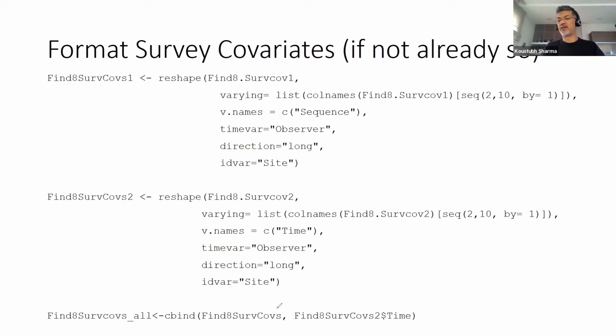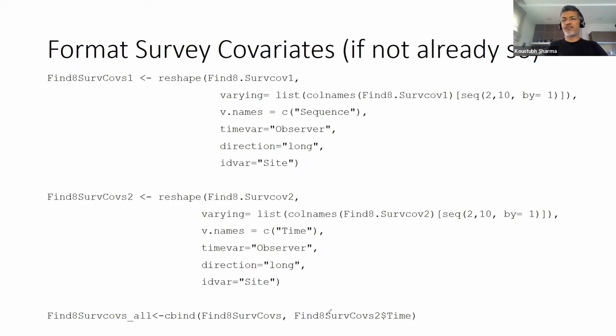By the end of it, you will have the data in the format we wanted, where you will have A1 by observer 1 and the values of time for it, then observer 2, and how much time the person had and what sequence it was in.